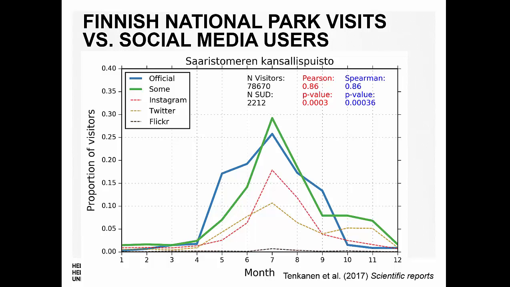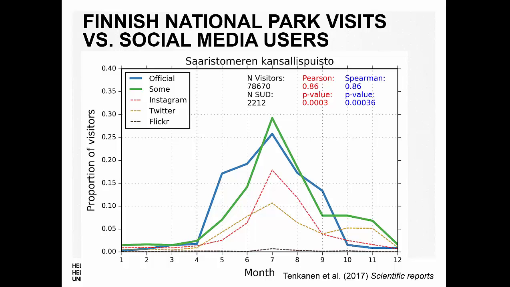And the end result is that indeed we see similar trends in both data sources, the official records and social media data, but Instagram is the one which is driving the results. Instagram works super well, whereas the others, Twitter and Flickr that we now analyzed, don't really work so well, even if Wood and others were making their analysis on Flickr.